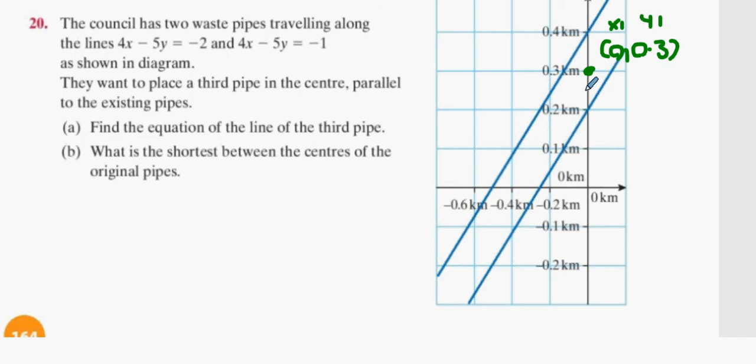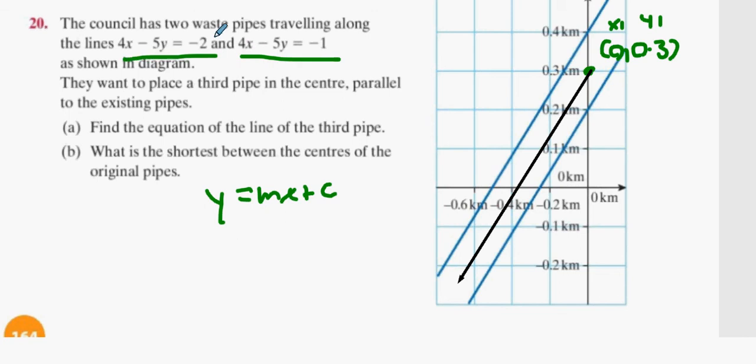What's the slope of this line? How do you find the slope of this line? It's the same as the slope of the other two. So you use y equals mx plus c. You get the slope of either one of these two lines. I think the slope is going to be 4 over 5. So you have the point and you have the slope. Means you can get the equation of the third line, doesn't it?